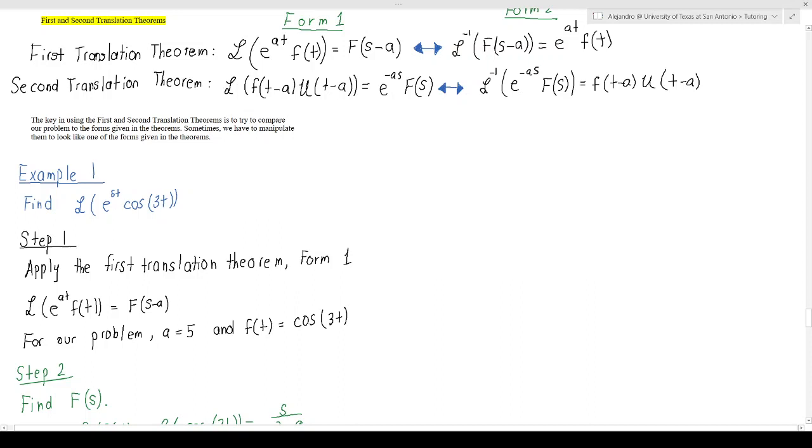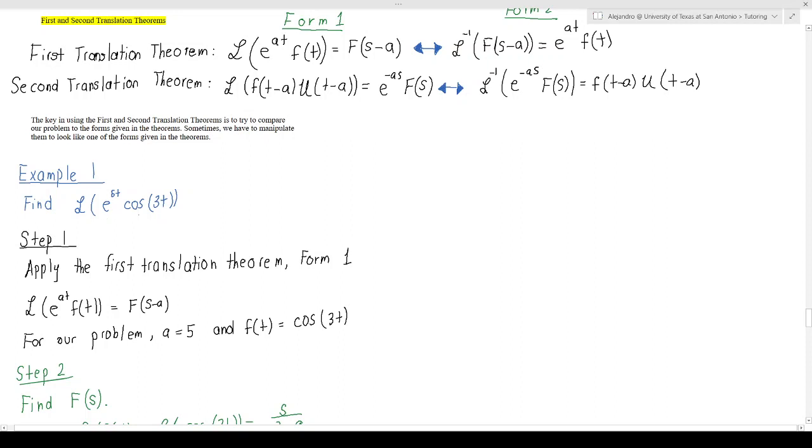So in this first example, we're asked to find the Laplace of e raised to the 5t times cosine of 3t. Well, first of all, when we're dealing with something that looks like this, where we have functions being multiplied by each other, we know we can't use a table for sure.